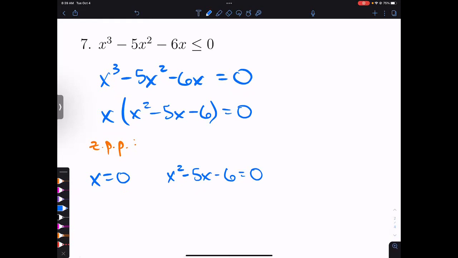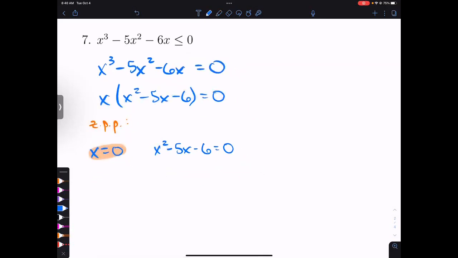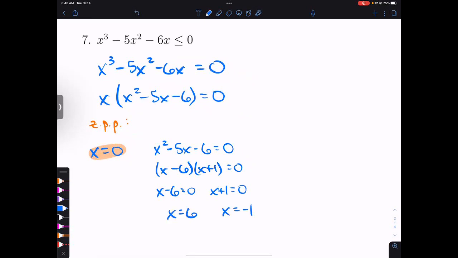This is going to be one of our solutions, one of our points that we need to pay attention to. And then the other two will come from this. So now you've got to solve this, quadratic formula or factoring. Again, I'm doing the slightly quicker version of that so that we can get to the meat of the problem.